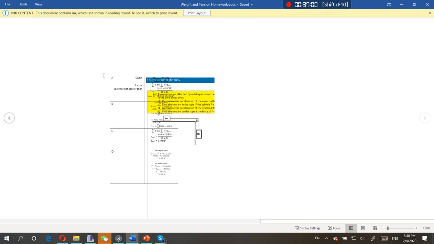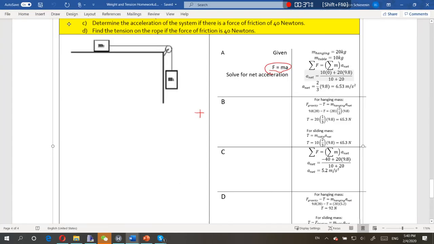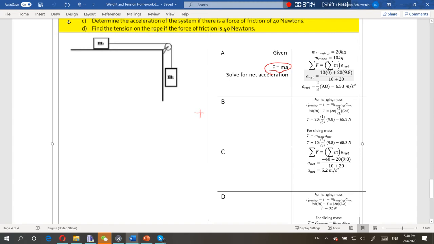Alright, let's see if I can salvage this. I think I moved the back picture, maybe. So let me try that. Oh yes, awesome. Okay, cool. Sorry about that.